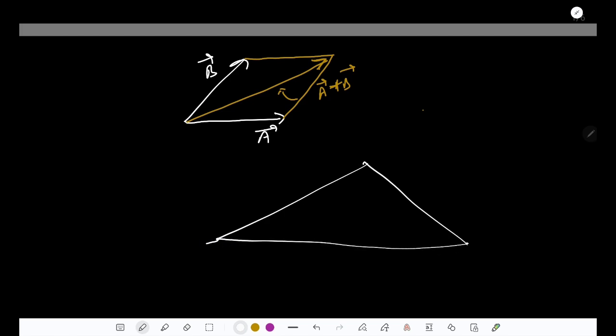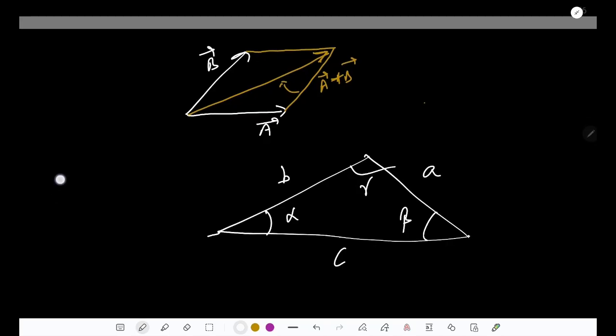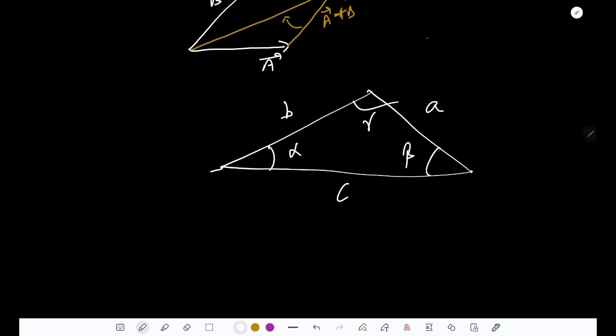If we have a triangle with side lengths a, b and c, and angles alpha, beta and gamma, the law of cosines permits you to write a relation like b square equals a square plus c square minus 2ac cos beta. That means you can write cos beta equals a square plus c square minus b square divided by 2ac.